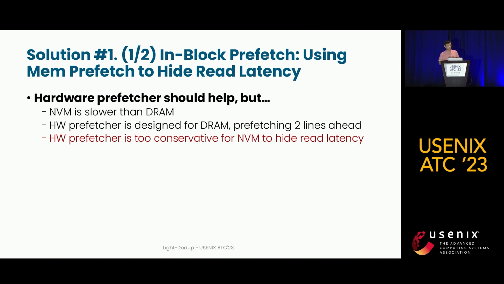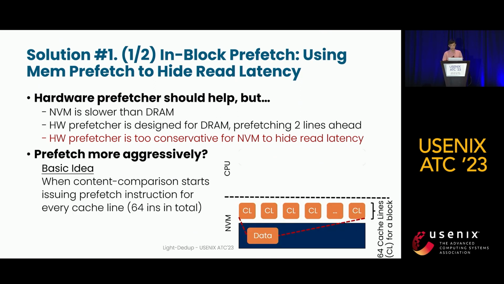The first solution is to use memory prefetch instructions to manually hide the latency. Hardware prefetchers can help, but NVM is slower than DRAM, while the hardware prefetcher is designed for DRAM and only prefetches 2 lines ahead. We assume this hardware prefetch is too conservative for NVM to hide its read latency. So our first attempt is to prefetch more aggressively.